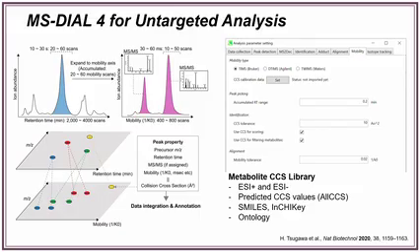They also have a really nice metabolite CCS library that covers both positive and negative ionization mode, and includes some predicted CCS values as well as the SMILES and InChI keys, and also includes some ontologies. When you do this experiment, not only would you get potential metabolite identifications based on the CCS value, but you can get some information about what pathways they fall into.